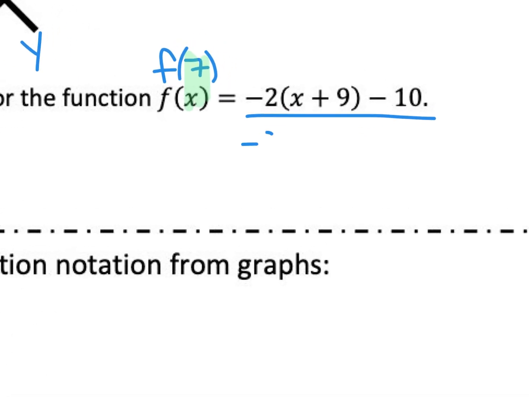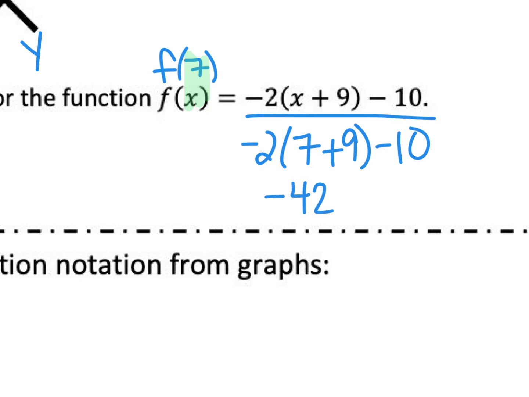So I'm not going to put x. I'm going to put negative 2 parentheses 7 plus 9 minus 10. Okay? Then we can go to our calculator. When we put this in our calculator, we get negative 42. So if I write this, f parentheses 7 equals negative 42.